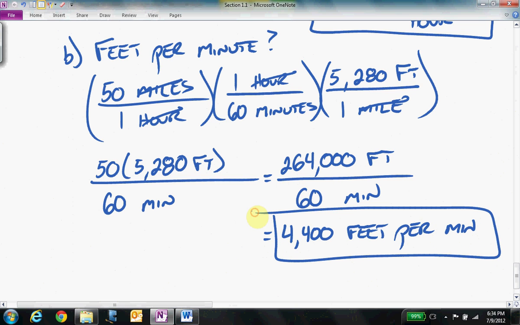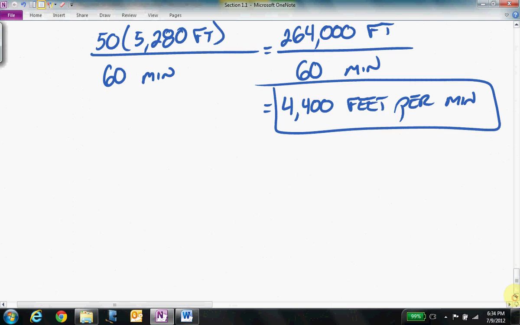There's our answer. All right, so I'm going to do one more, but I'm going to let you guys work on it first. So I'll give you guys a little bit of time. And if I start too soon, just push pause, work it out, and then we'll check it together. So we're going to work on converting feet per second.